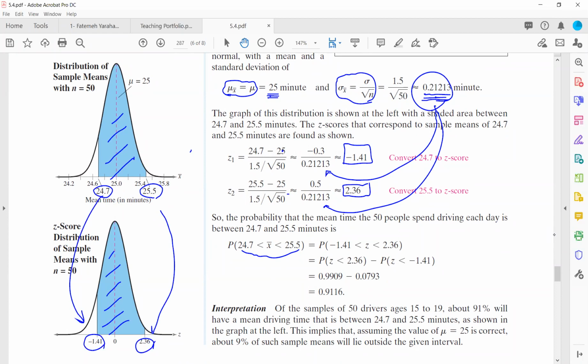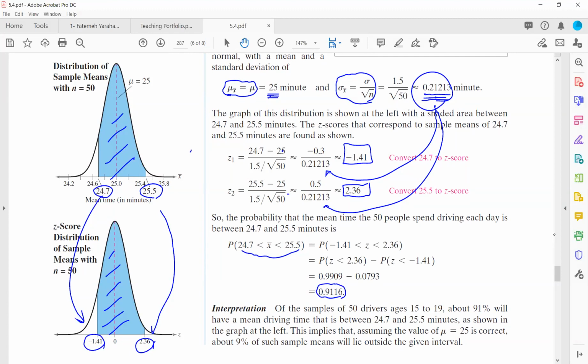So the probability that z is less than 2.36 is almost 99%. The probability that z is less than negative 1.41 is almost 8%. If you do the subtraction, the probability is around 91%. How to interpret that?